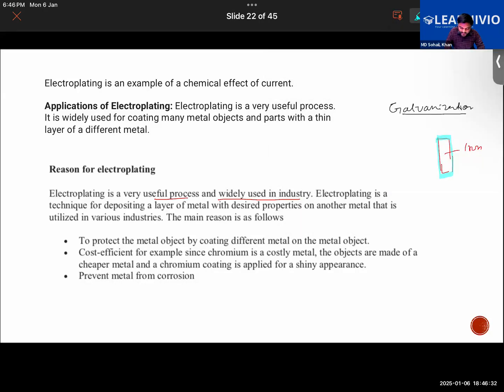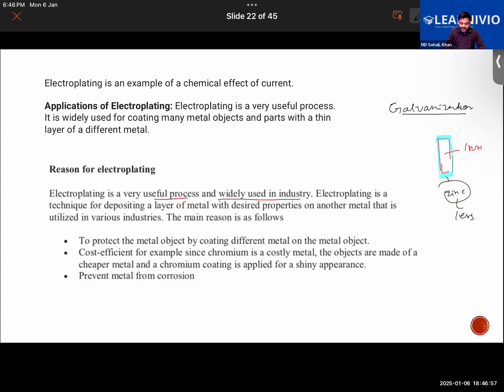Why do we deposit zinc above iron and not some other metal? Because zinc is less reactive in comparison to iron. Iron will readily react with the air and moisture, but zinc does not react with the air as fast as iron does. Hence, zinc has the desired property, so zinc is used here.